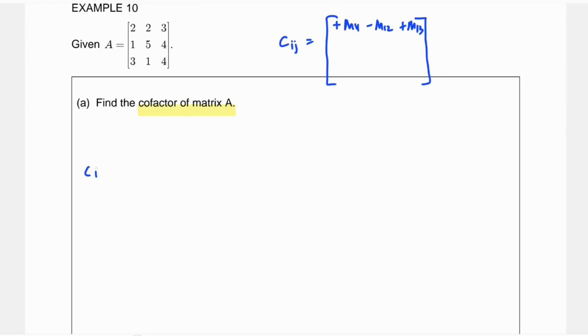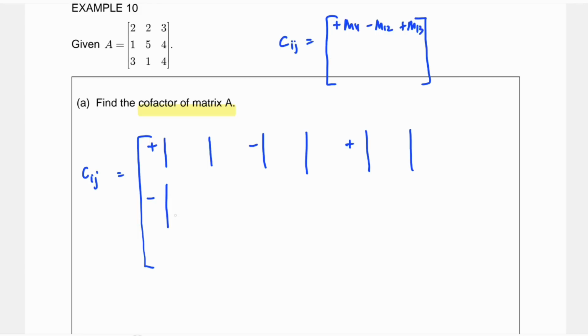So just make the big bracket, with positive of minor, negative of minor, positive of minor. You just need to form the template first. Negative of minor, positive of minor, negative of minor, and so on.